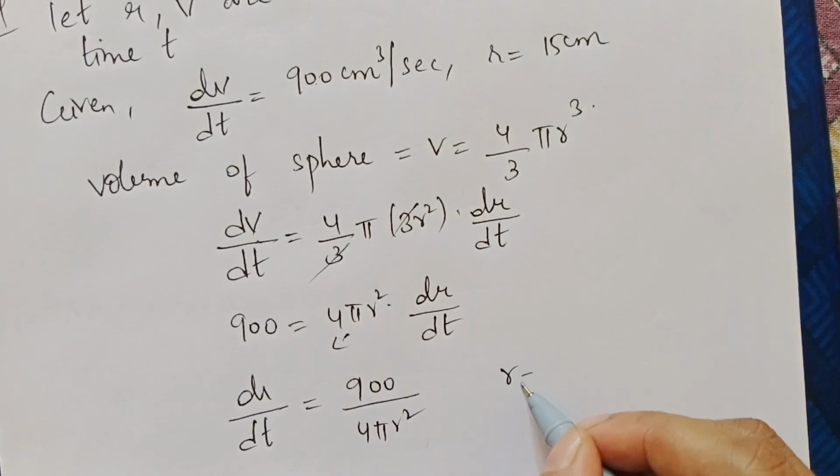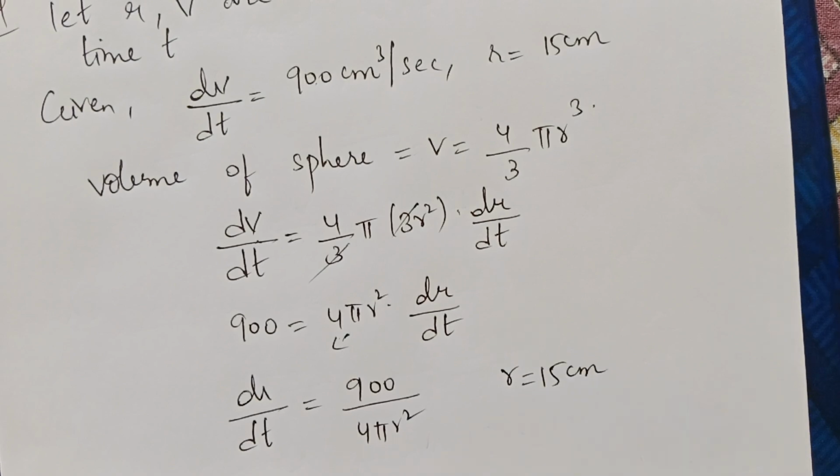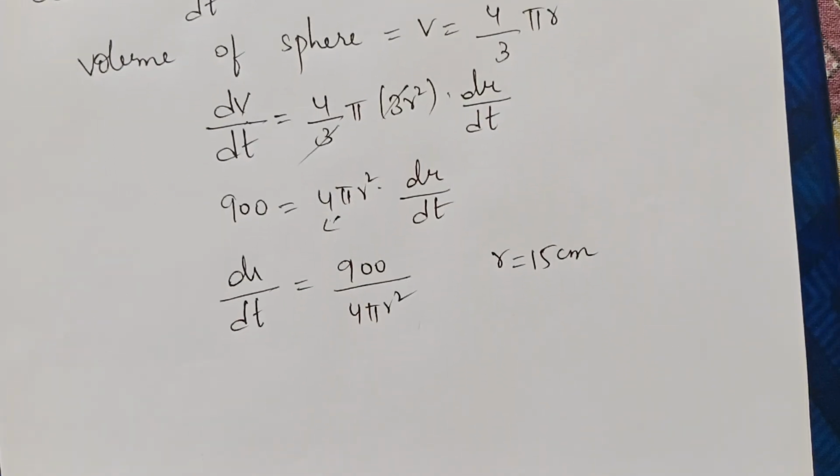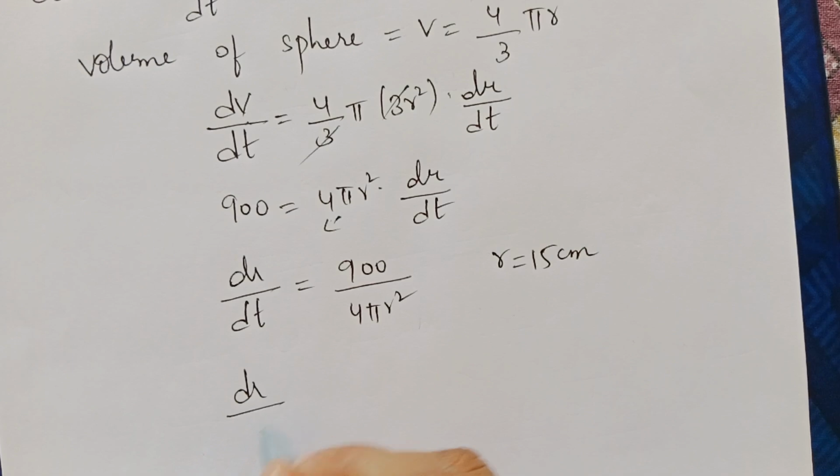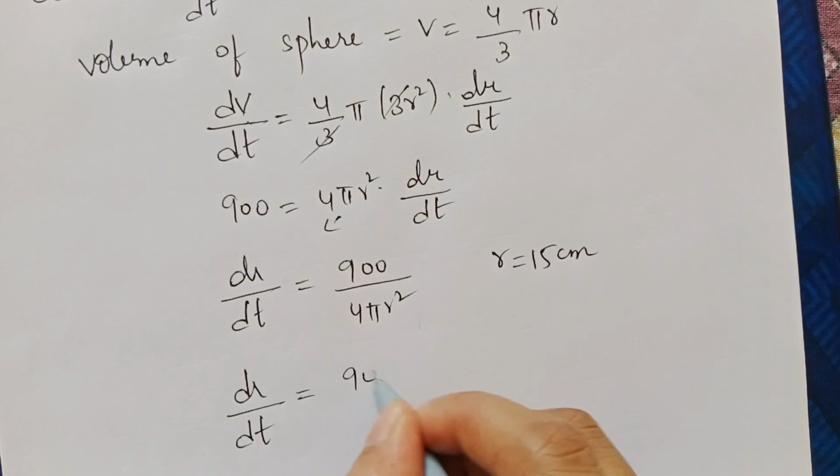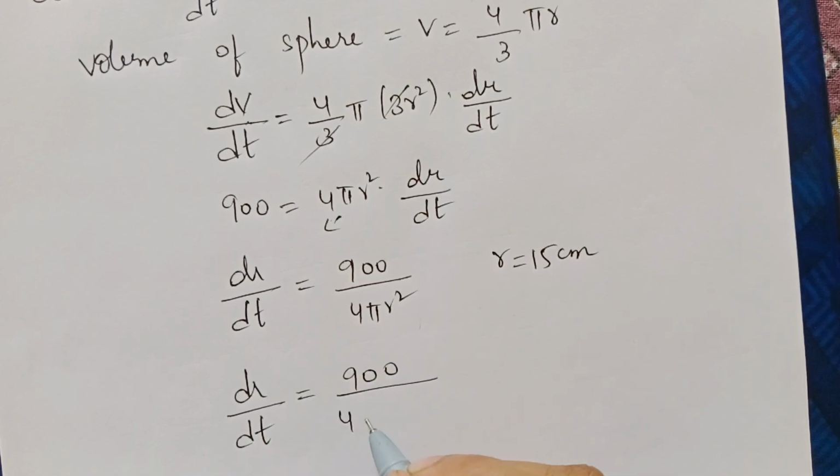Now in the question it is given r is equal to 15 centimeters. Substitute, we will get dr/dt is equal to 900 by 4 into pi into 15 into 15.